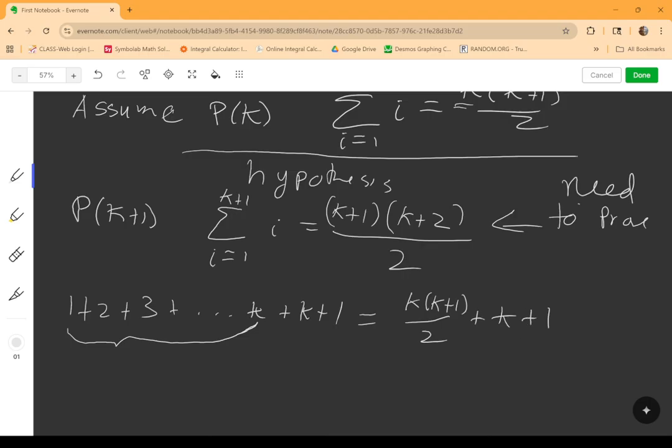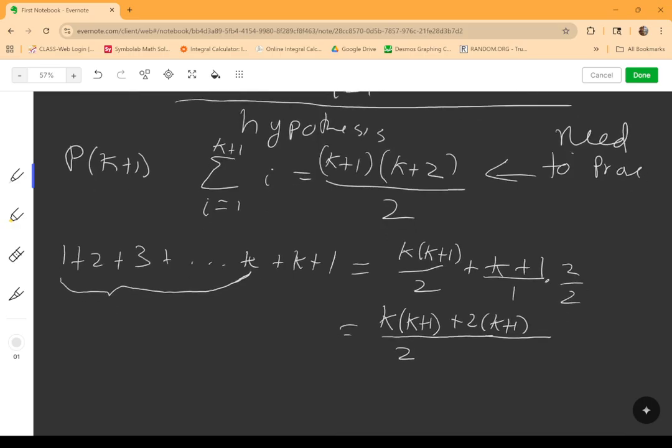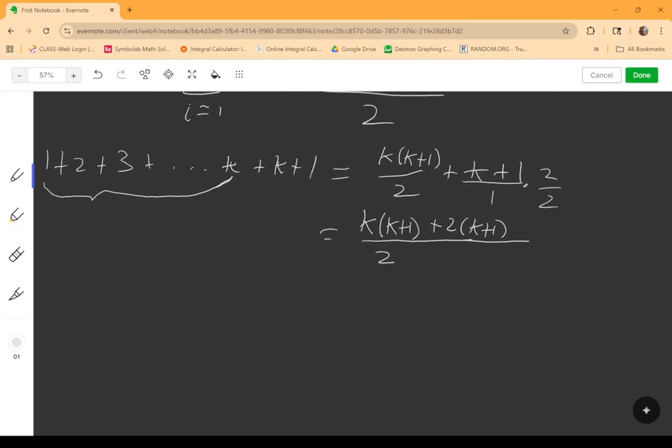Now let me combine these into one fraction with a common denominator of 2. I'm going to avoid multiplying out because I want to actually factor here.